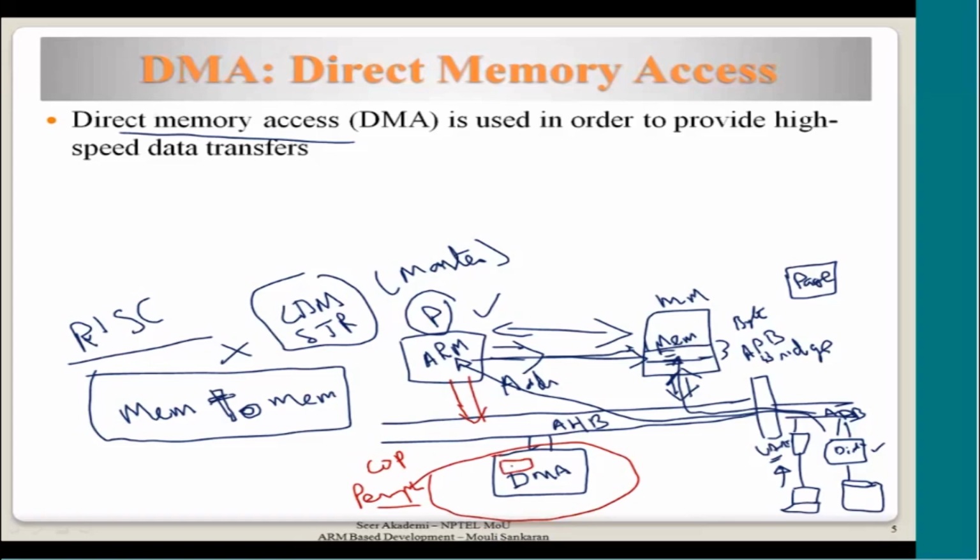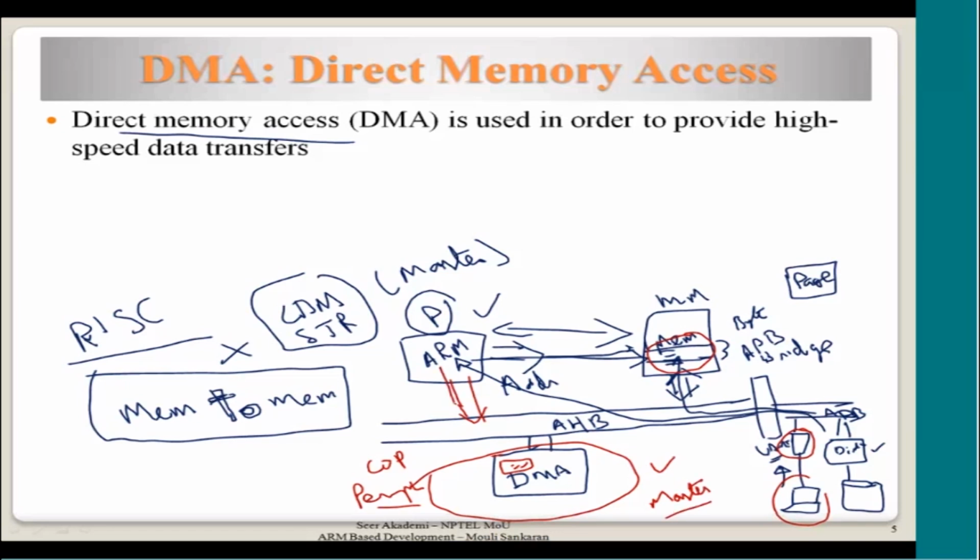So we could write into this some details so that DMA takes care of transferring from maybe a UART here to memory. To do this, somebody has to initiate it because it will behave like a master, but it can't do it on its own.